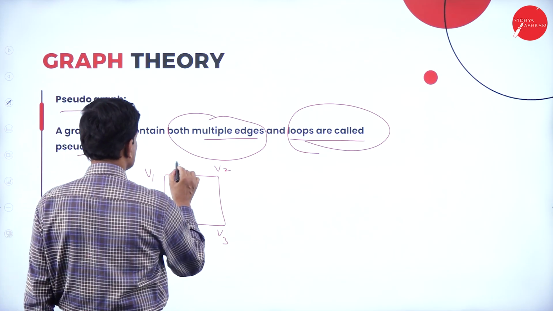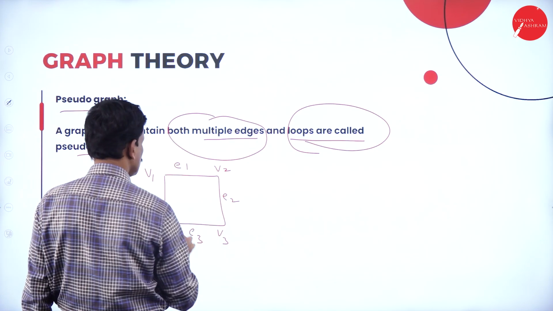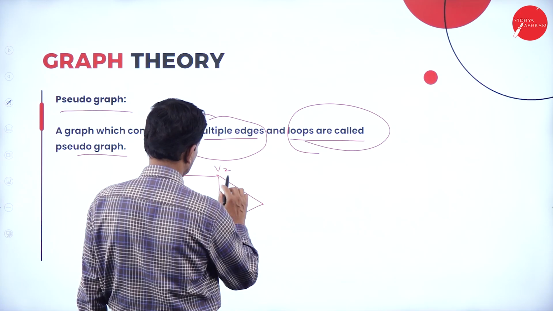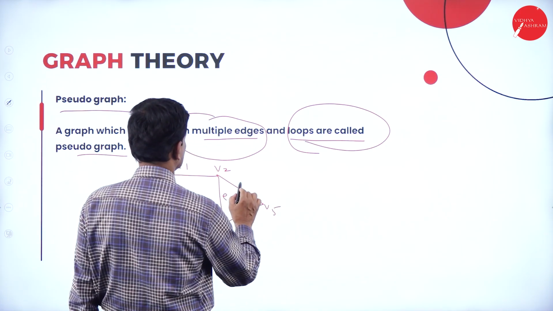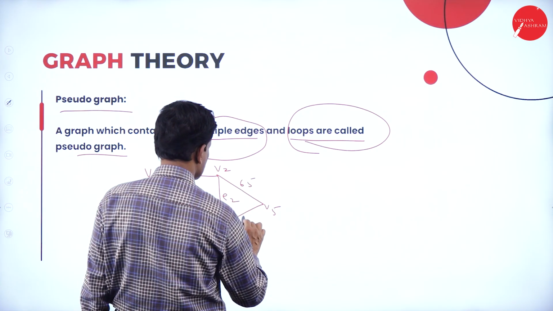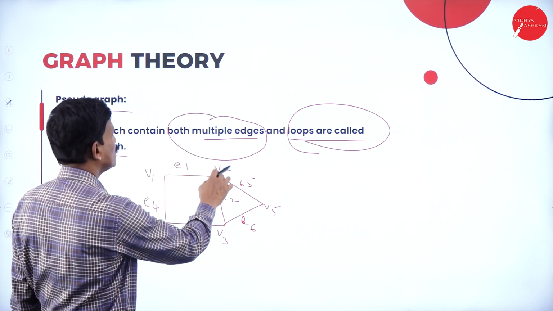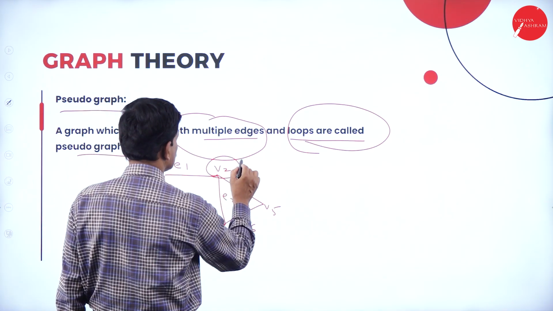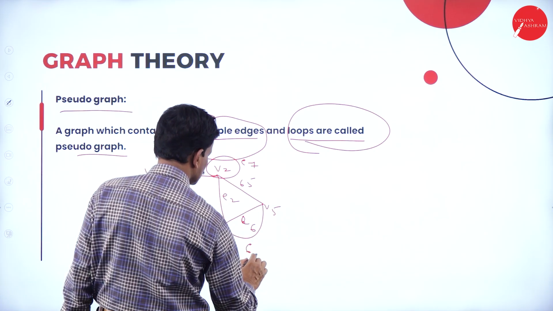The edges are E1, E2, E3, E4, okay, and another one V4, this is V5, the edges are E5 and E6, which contains multiple edges and loops also. Let us write a loop here, this is E7 and here it is E8.